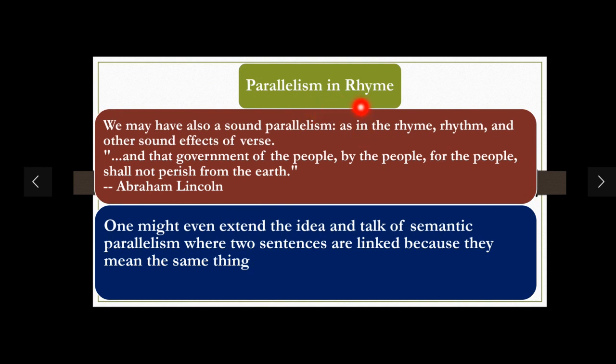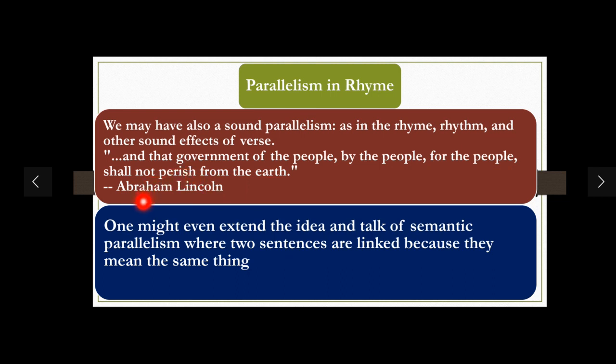Parallelism in rhyme. As we discussed in the earlier slide, we also use parallel structure in sound. For example, we may have a sound parallelism as in rhyme, rhythm, and other sound effects of words. And that government of the people, by the people, for the people shall not perish from the earth.